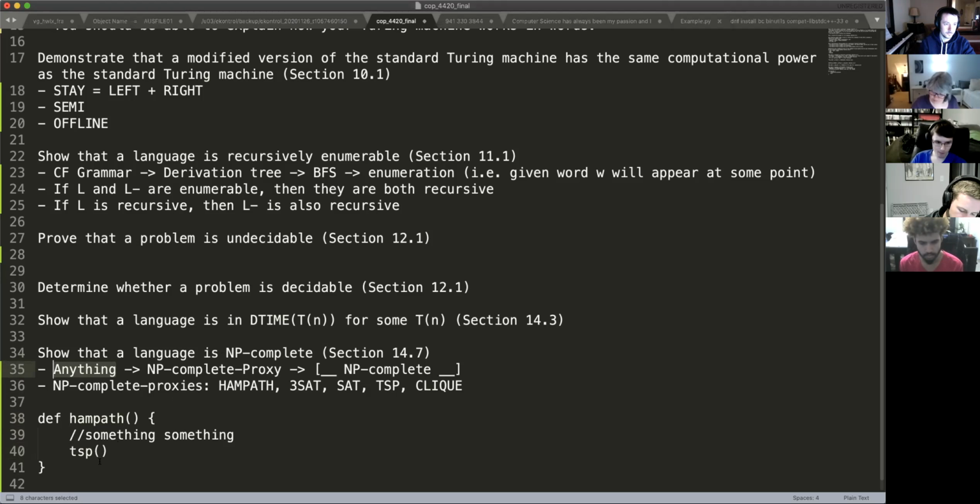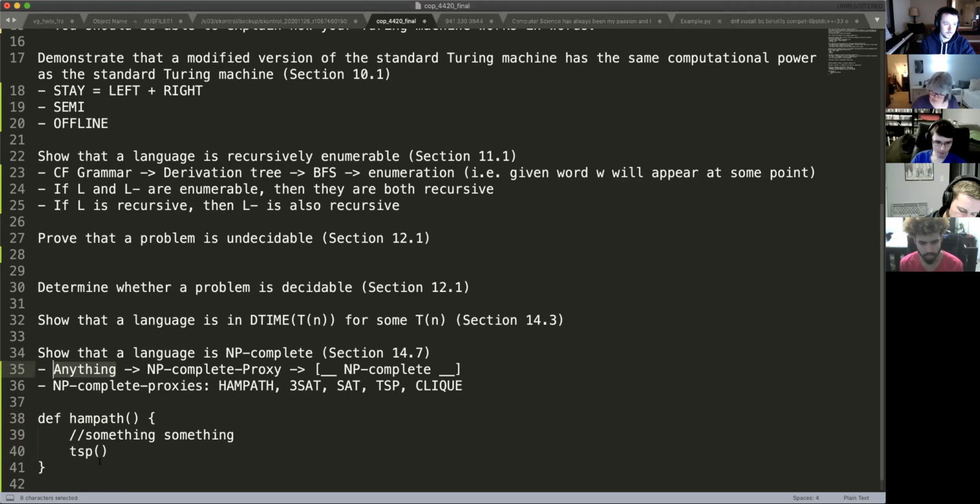Okay, so I understand that, but the process that she was going through to try to show the ham path was TSP or vice versa, I can't remember. It was this direction. Because whatever the problem says you have to show is NP complete is going to be at the end of this progression line, right? Right.